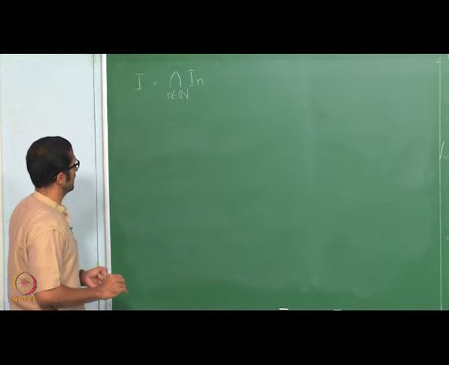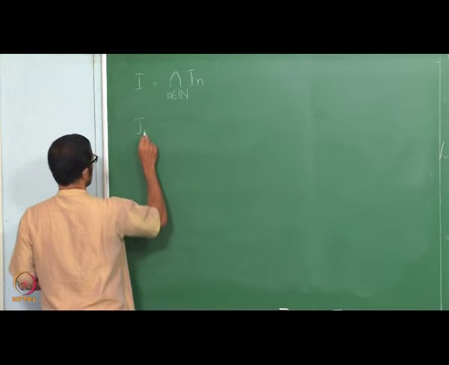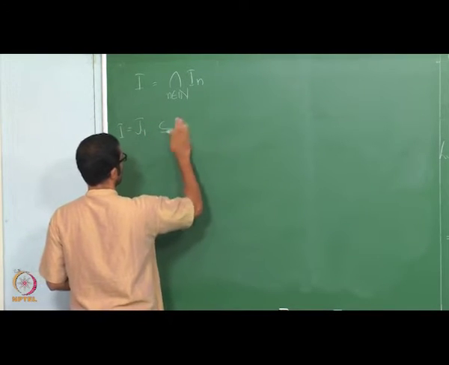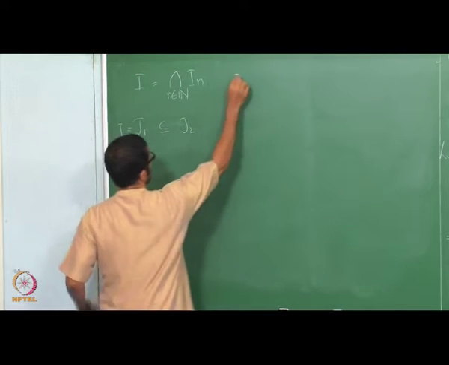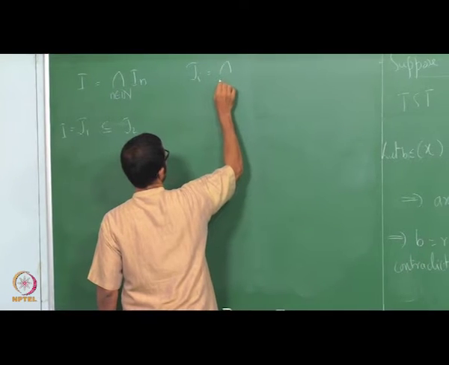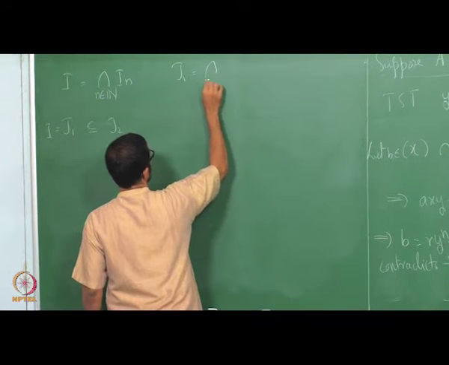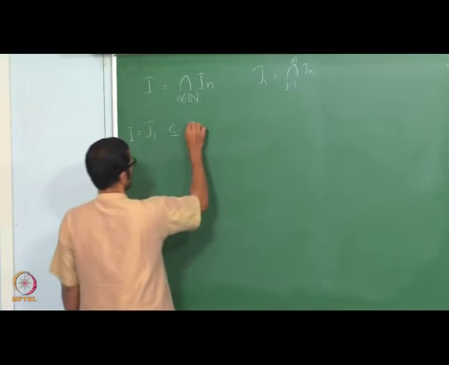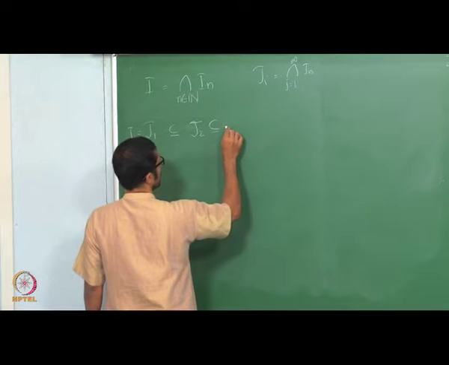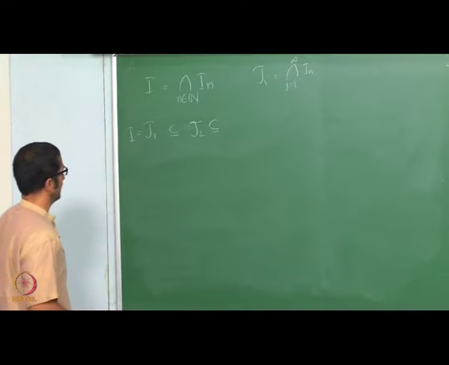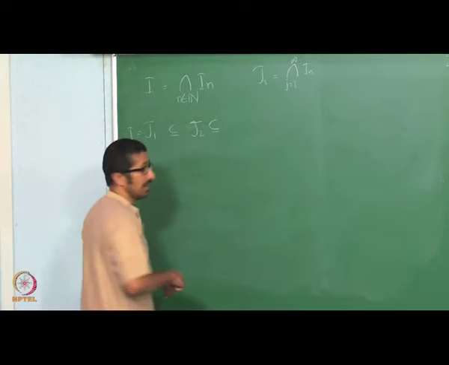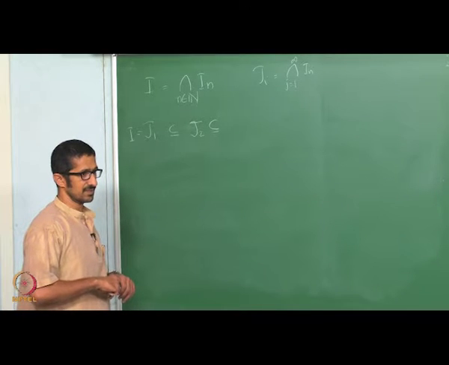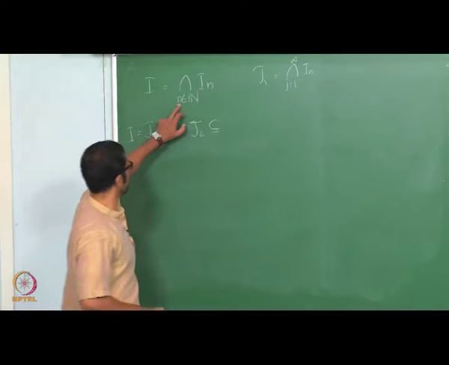Then J1 is I, then contained in J2. Can we argue like that if all I_n are irreducible, then we are done? No, here we have infinitely many.